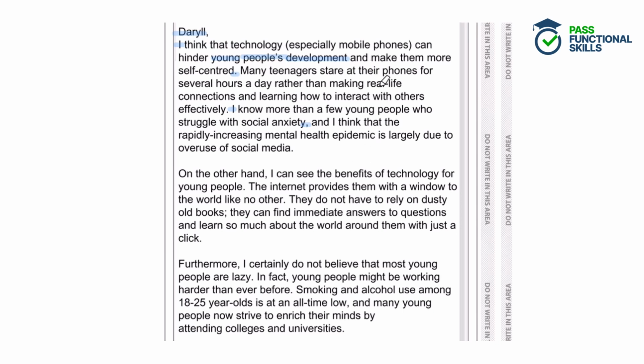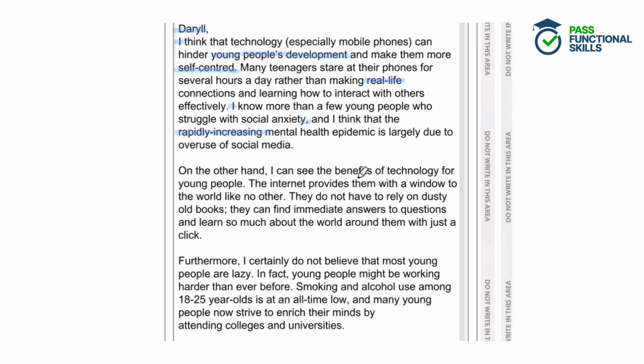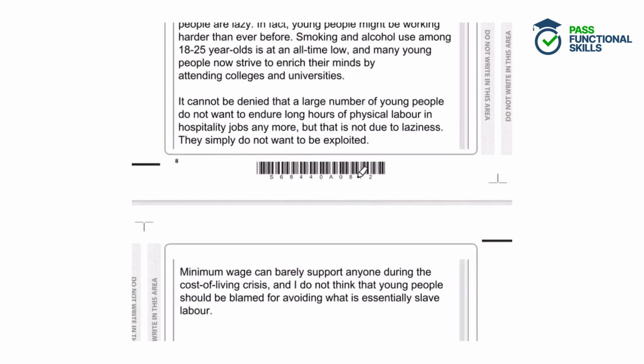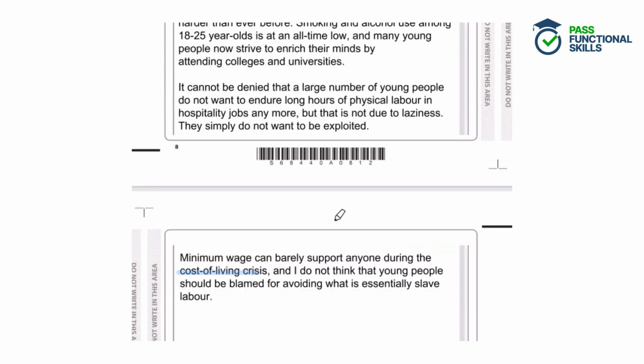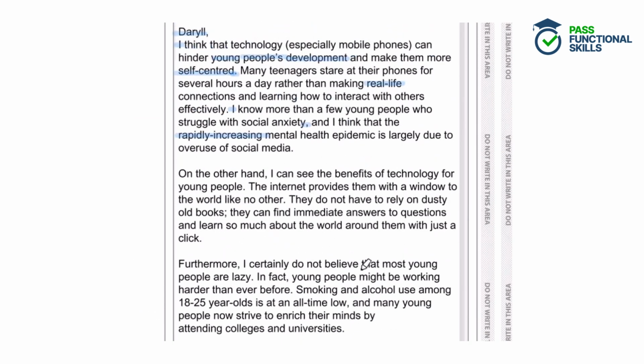We've also got a hyphen to join two words together in real-life to create one word. And we've got one of those again in self-centred and rapidly-increasing as well. So quite a few examples of hyphens being used. And then we have hyphens used towards the end as well. So a range of punctuation has been used correctly and effectively.